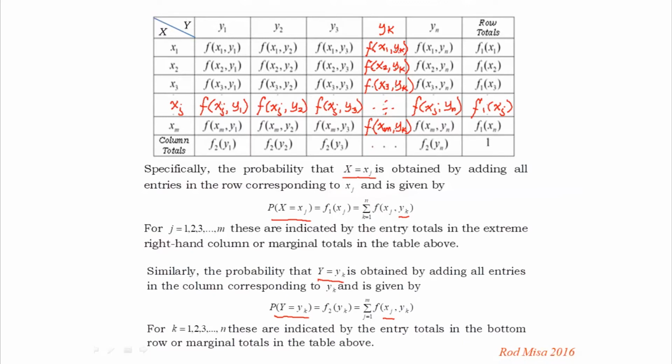So adding all of these probabilities, this is equal to our f sub 2 of y sub k, because we are adding here all probabilities across all x's, but having the same random variable of y sub k. That is why we are labeling this one as our second function f, because this is just adding all probabilities across all x's.